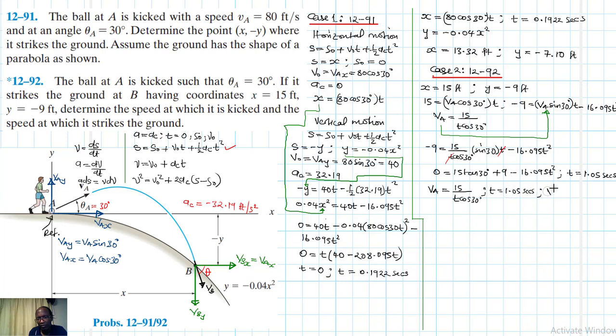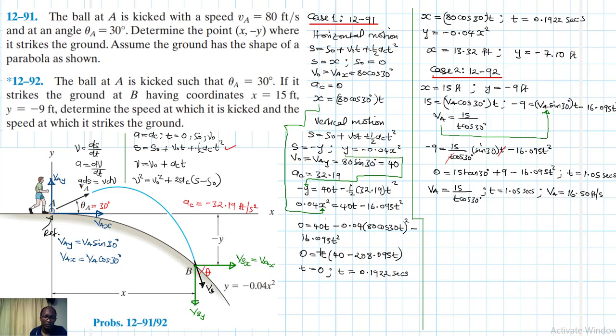And therefore our VA is 15 divided by 1.05 cos 30. So this gives us 16.50 feet per second.